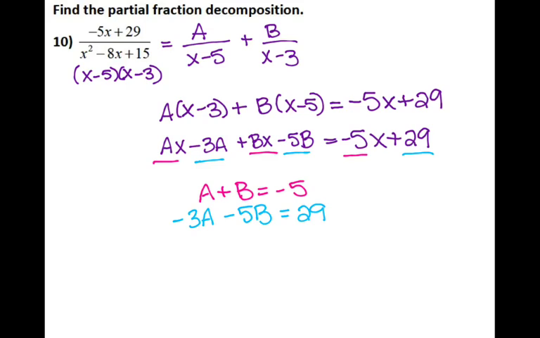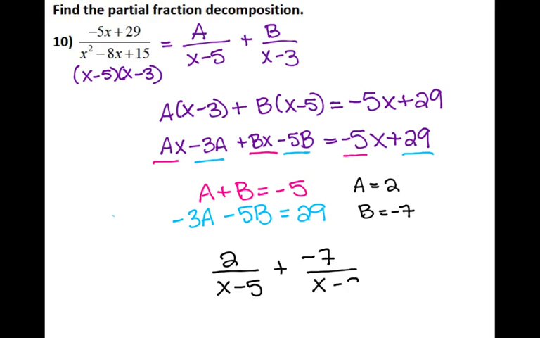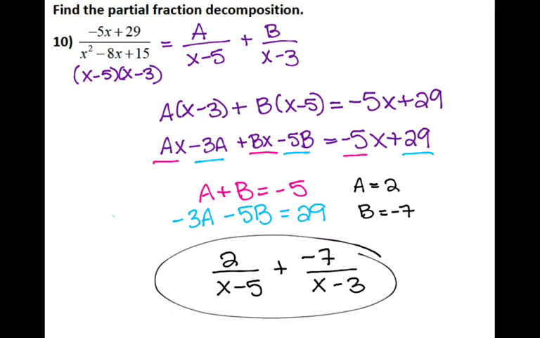So from my calculator, I get A equals 2 and B equals -7. So to write my final answer, I would write 2 over x minus 5 plus -7 over x minus 3. So don't forget to put your A and B back in.